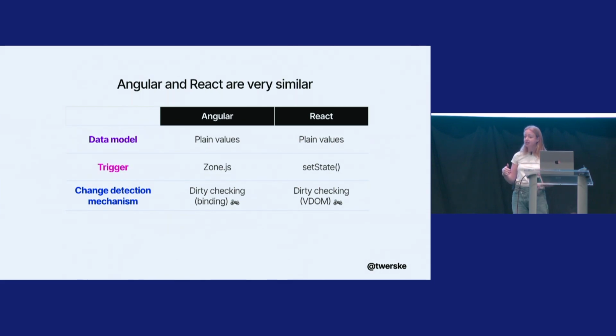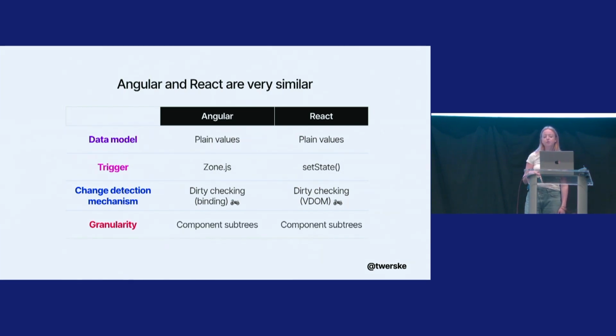In Angular, we diff the data directly, and in React, you diff the virtual DOM, which is a term I'm sure many people familiar with React have heard. And in both of those frameworks, that synchronization operation works against some subtree of components, right? So both frameworks were smart enough to say, hey, when we diff data, we don't want to diff all the data all the time. We have this subtree of components, and we're going to figure out how we can more intelligently diff that data.